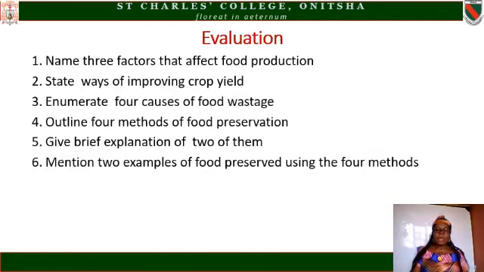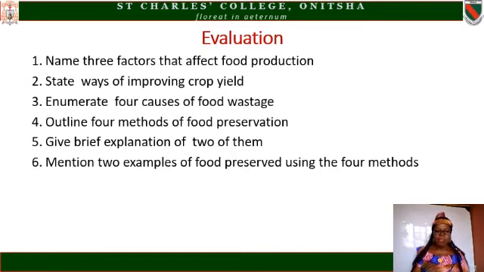Now, having gone through this lesson, I'm sure that you have listened well and gotten what I have taught you. So I want you to answer these questions, and then you submit them to my WhatsApp contact. The questions are: 1. Name 3 factors that affect food production. 2.